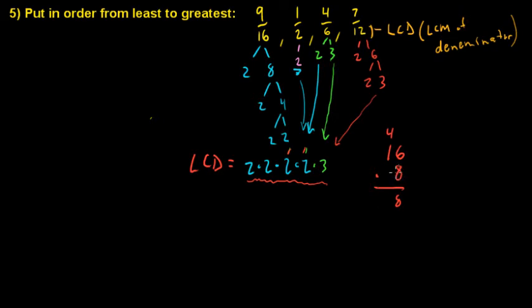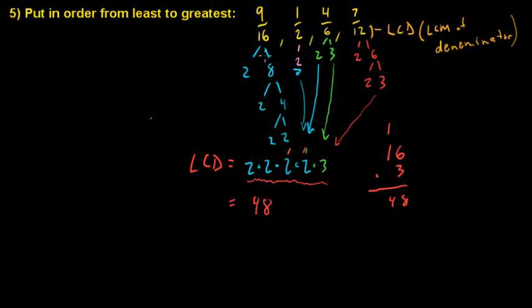Should be a 3, sorry about that, guys. There we go. That will give us 18. Carry the 1. 3 times 1 is 3, plus 1 is 4. Gives us 48. So the least common denominator is 48.